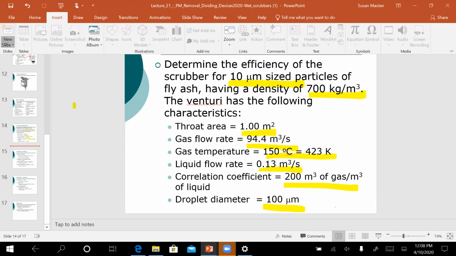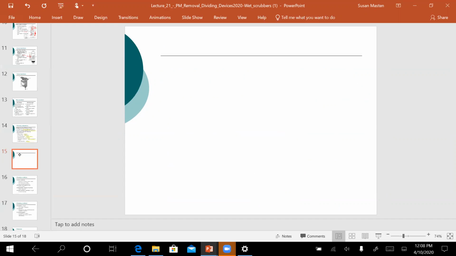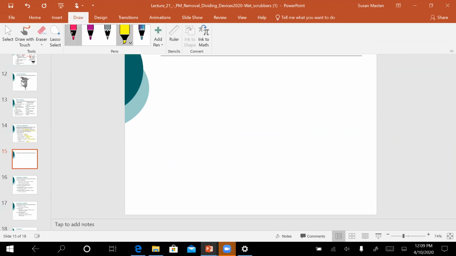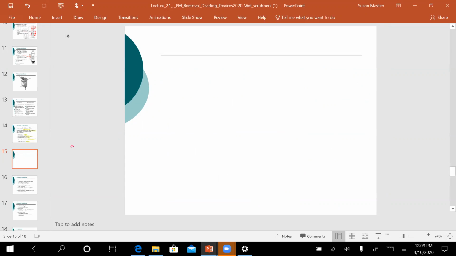So let's add a new slide in here that we can work with and switch colors. Okay, so let's just again reiterate what we have. We have a diameter of the particle of 10 microns. We have a density of the particle of 700 kilograms per meter cubed.